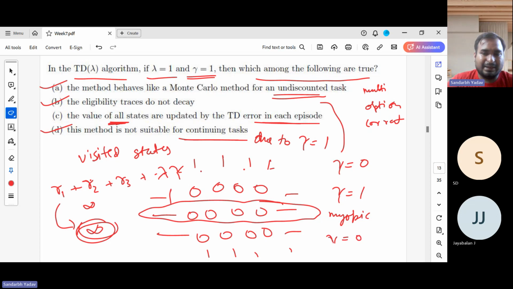Sometimes the agent can take gamma equals 0, and in that case it will focus just on the one-step return. This is the first major reason why gamma is there. The second reason is to keep things bounded. We do not want to let things go to infinity, and to ensure this, gamma discounting also helps.